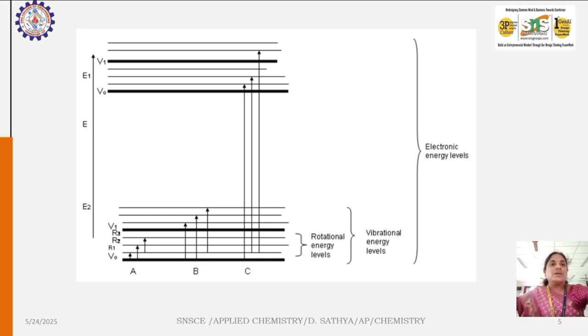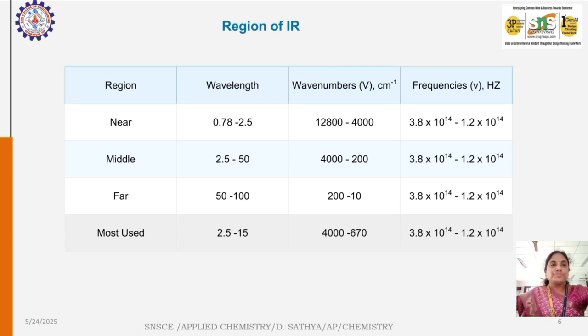Vibration means different types of vibrations: the molecules have different stretching and bending vibrations. In the rotational energy level, the molecules go from the ground state to the excited state. So this is called the transition of vibrational spectroscopy.